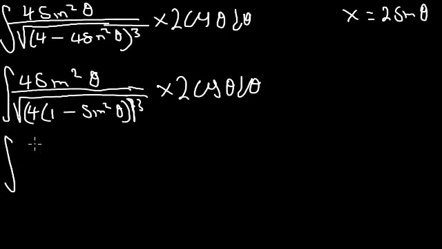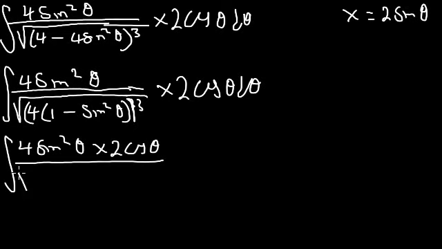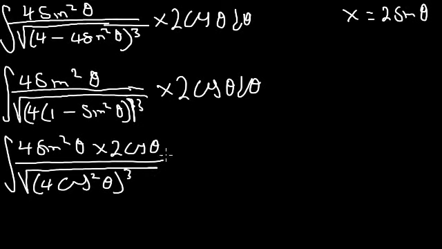So right now, the integral will become 4 sine squared theta. Let me just multiply this directly by 2 cosine theta, all divided by the root in brackets of 4 multiplied by cosine squared theta, all raised to the power of 3, d theta.